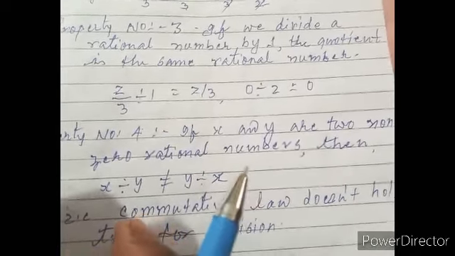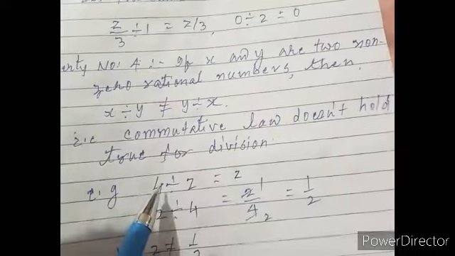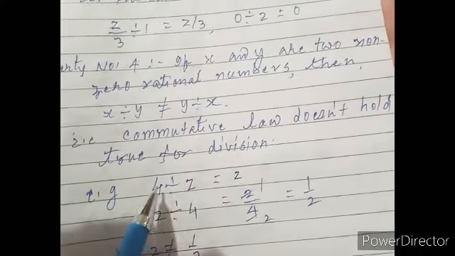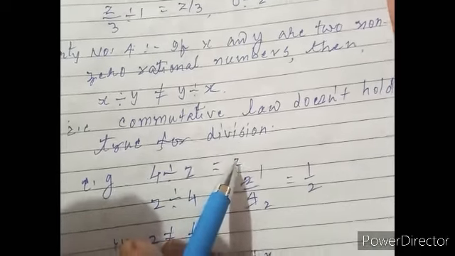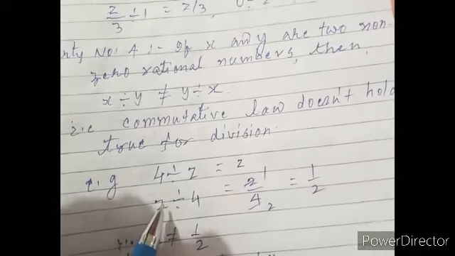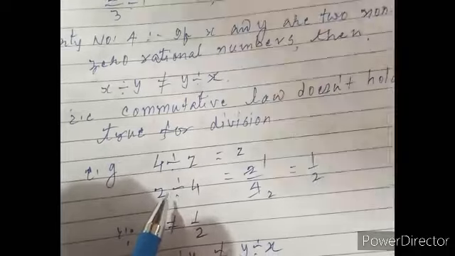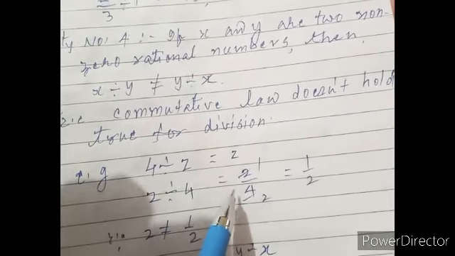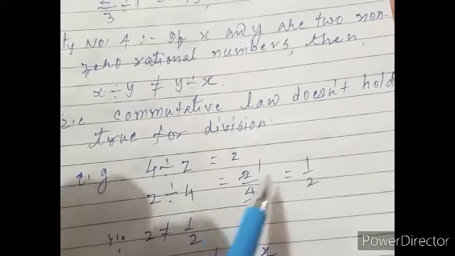Let us make a simple example. x is equal to 4 and y is equal to 2. Then what do we have? x divided by y, that is 4 divided by 2, is equal to 2. And y divided by x, that is 2 divided by 4, will become 2 by 4, and it is equal to 1 by 2.